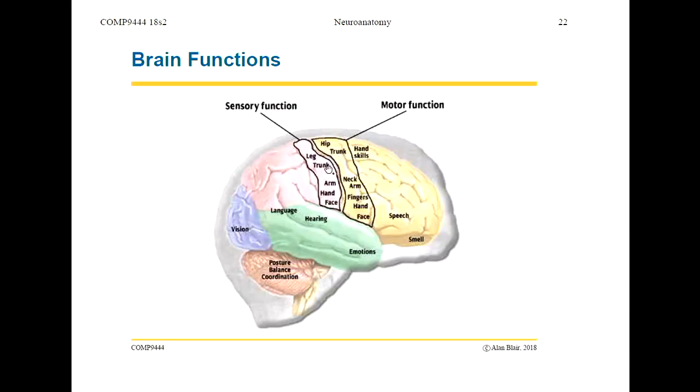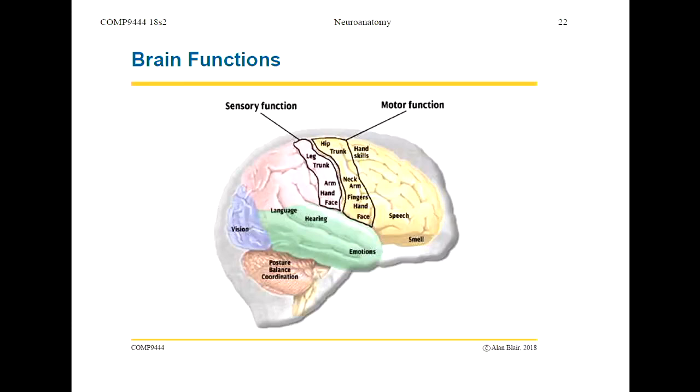And then there's also the motor function. So which part of the brain controls the fingers? Which part controls the legs? You can map that out as well, and there's cross connections here.